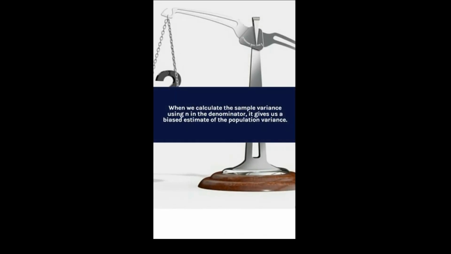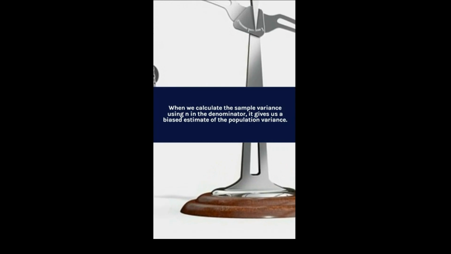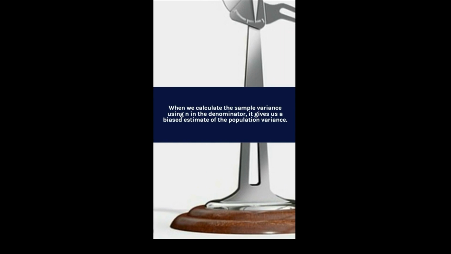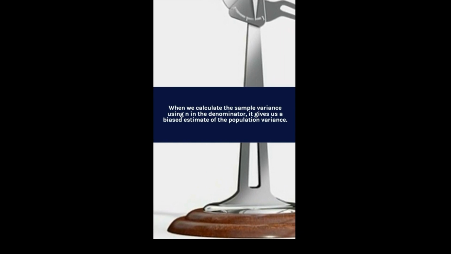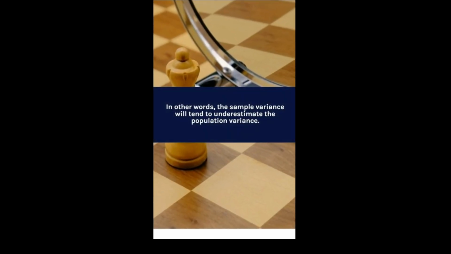When we calculate the sample variance using n in the denominator, it gives us a biased estimate of the population variance. In other words, the sample variance will tend to underestimate the population variance.